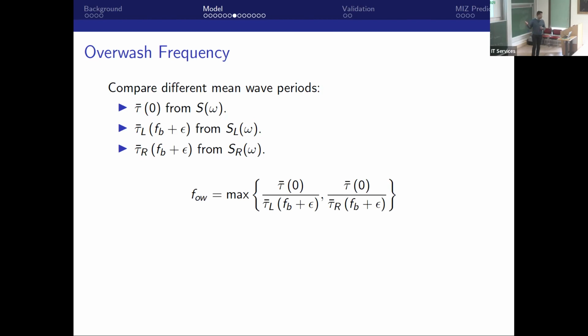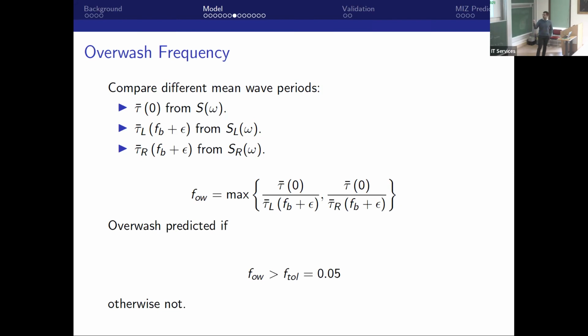Although it tends to be the left much more, which, if you recall, the expression kind of indicates, that one factor in there, whereas transmission will tend to be below 1. Okay. And then we've just set a tolerance in our frequency of overwashing to get a condition for overwash.